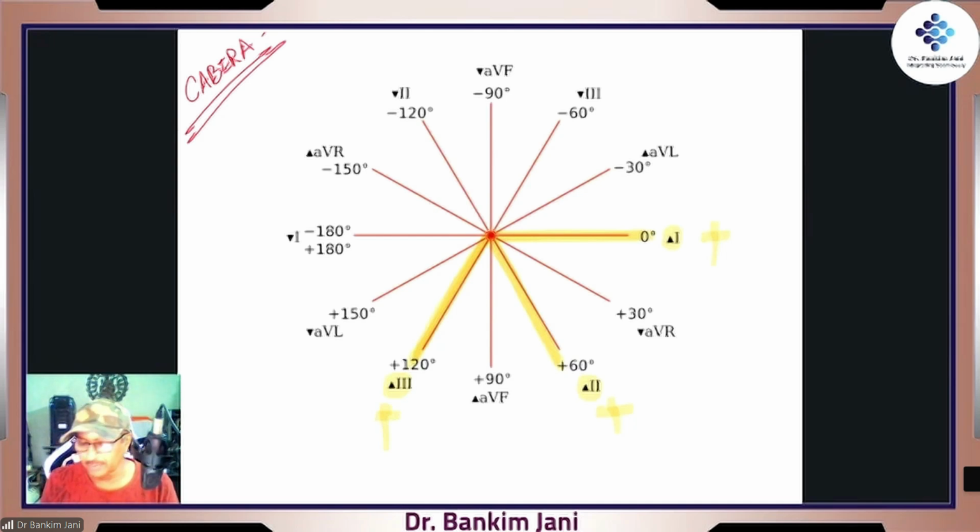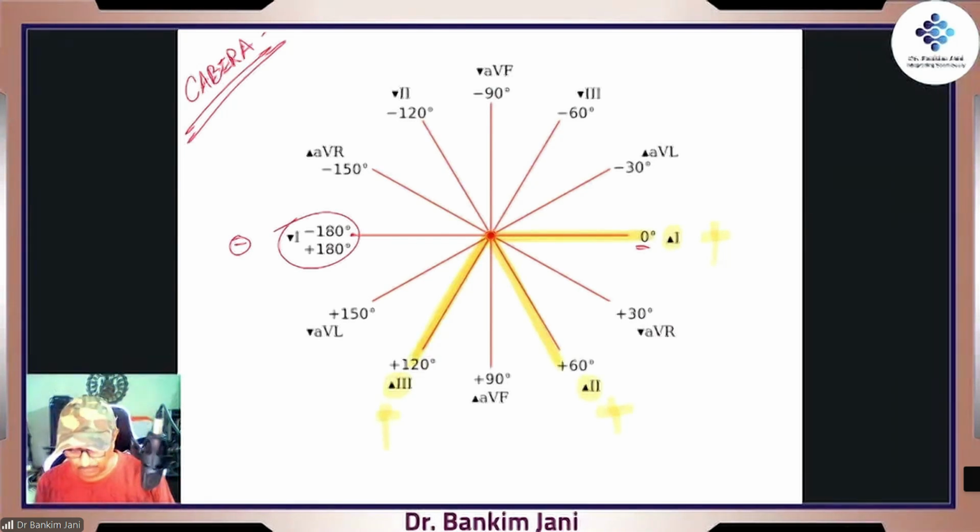Now, the negative of it. If this is 0, then this is the positive end, so this is the negative end. That negative end is at minus 180 or plus 180. Basically, it is one and the same thing, right? So this is 180. So this is lead 1. This would be the negative end of lead 1, correct?